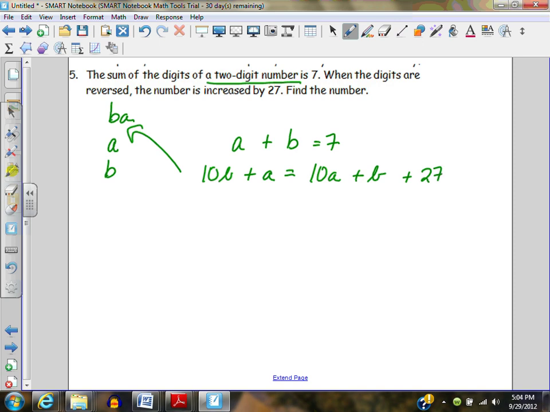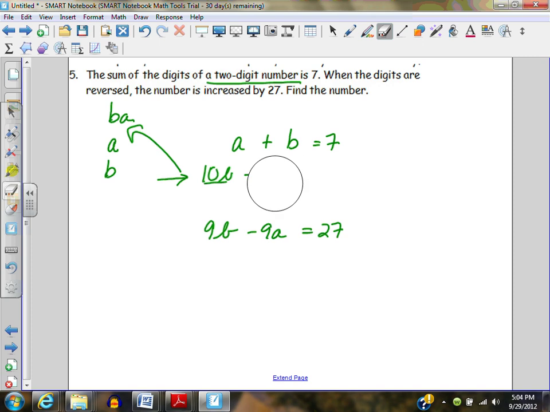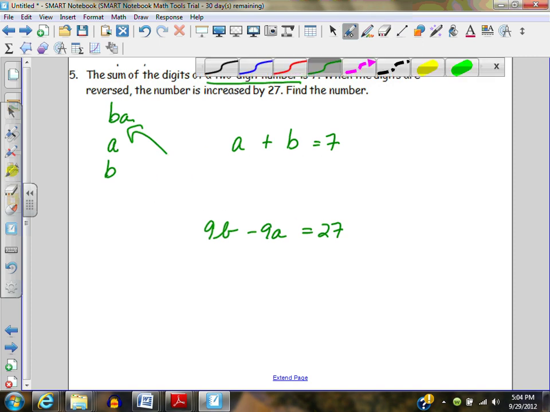So now I'm just going to combine this into one equation. 10B, I'm going to subtract B from each side, I get 9B. I'm going to subtract 10A from each side, I get negative 9A, right? Equals 27. Now I'm going to show you another strategy, and you're probably going to be screaming at me now. I hope not. Some of you will follow this.